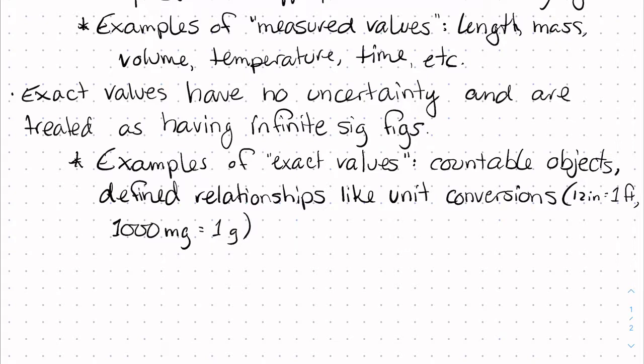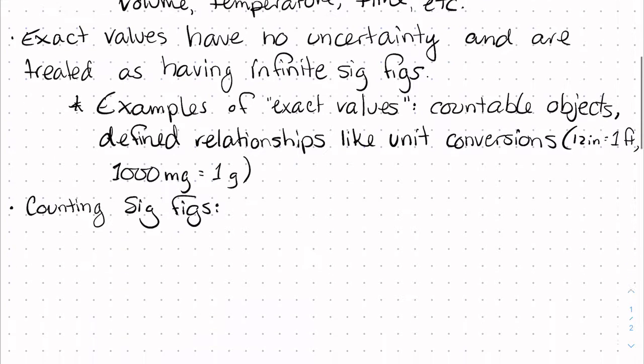The number of significant digits in our data is going to impact how we do calculations with that data, so it's important that we be able to identify how many significant digits are in a value that's presented to us. There are some rules for counting sig figs.